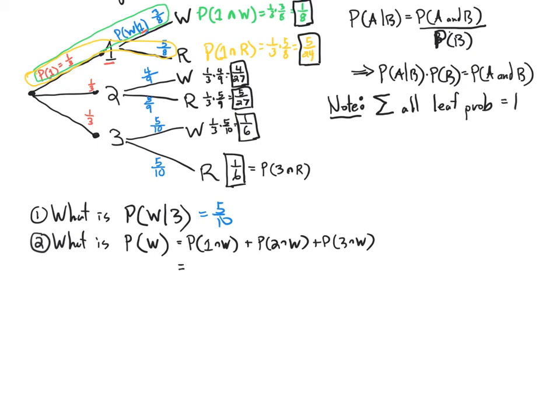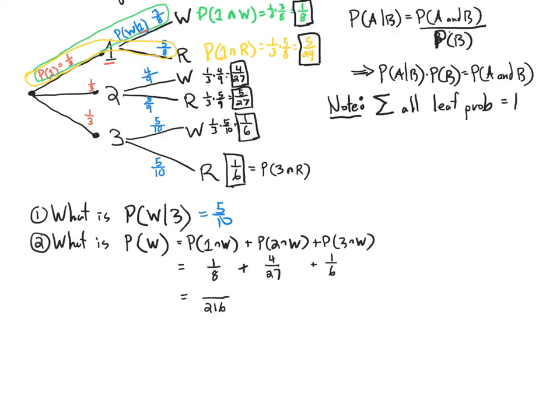So this is going to be 1 and a white was an eighth, 2 and a white was 4/27, and a 3 and a white was a sixth. And you can check that a good common denominator is 216. That's the lowest common multiple of 8, 27, and 6.